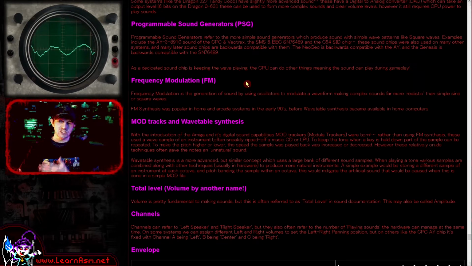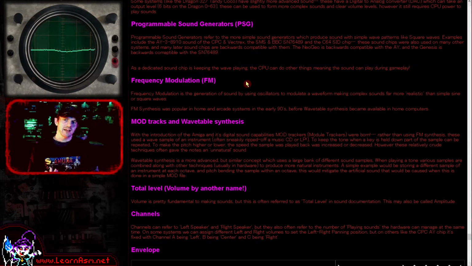An honourable mention, I think, needs to go to mod tracks and wavetable synthesis. It's a bit hard to know exactly at what level you want to call something wavetable synthesis. Wavetable synthesis is basically where you take a variety of sound samples and you combine them together. It's a bit tricky because I've seen the dictionary definition of wavetable synthesis being a large number of very small sound samples combined with other effects to build a sound.